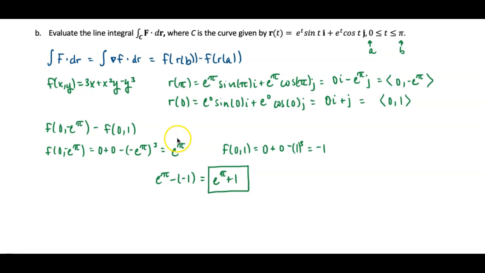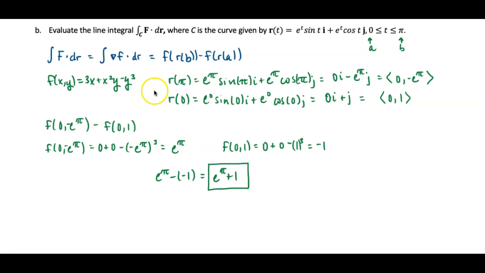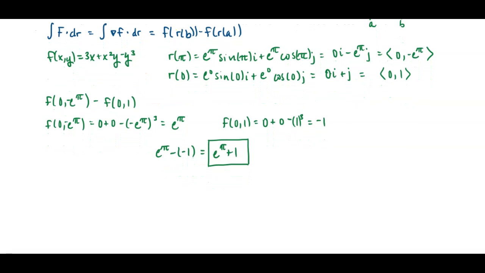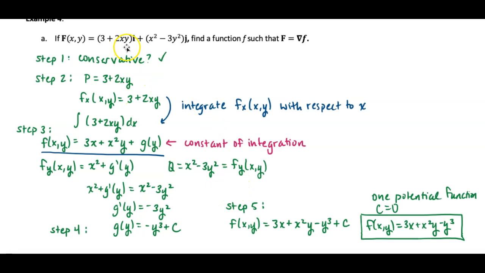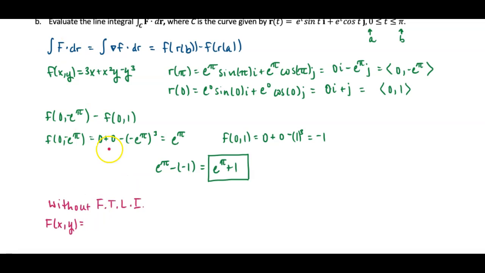Now, just to point out, we could do this without this new theorem. We could do this without the fundamental theorem of line integrals, because we know that our original function f, that vector field, was given to be 3 plus 2xyi plus x squared minus 3y squared j.